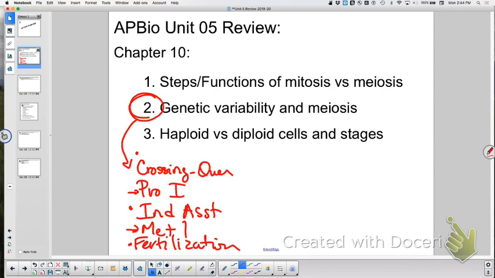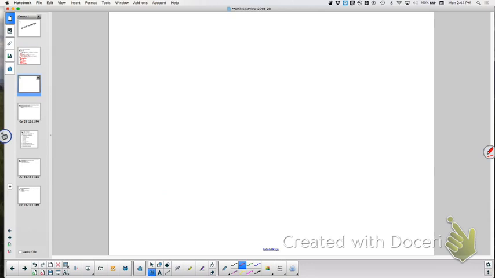Okay, comfy there? Now, haploid versus diploid. I ought to be able to tell you n equals 4, and you ought to be able to draw any stage of mitosis or meiosis for me just like that.